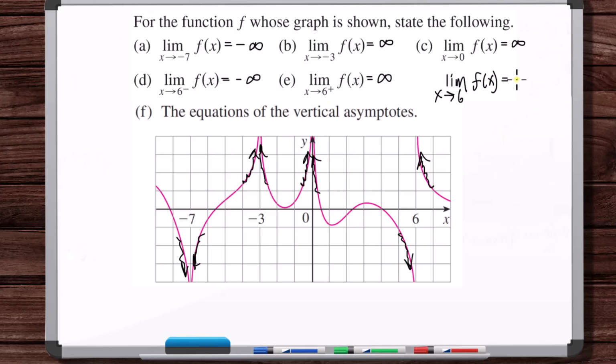Here we have to literally put DNE. We can't even use an infinity symbol here for 6 in general. Okay, now what are the equations of the vertical asymptotes? That's going to be x is equal to minus 7, x is equal to minus 3, x is equal to 0, and x is equal to 6.